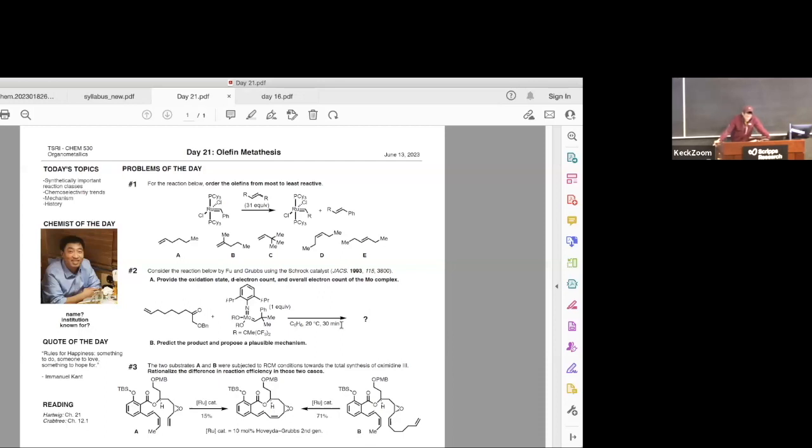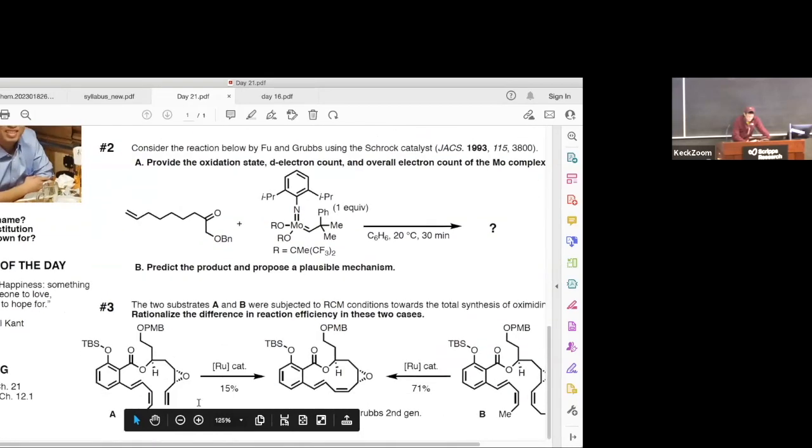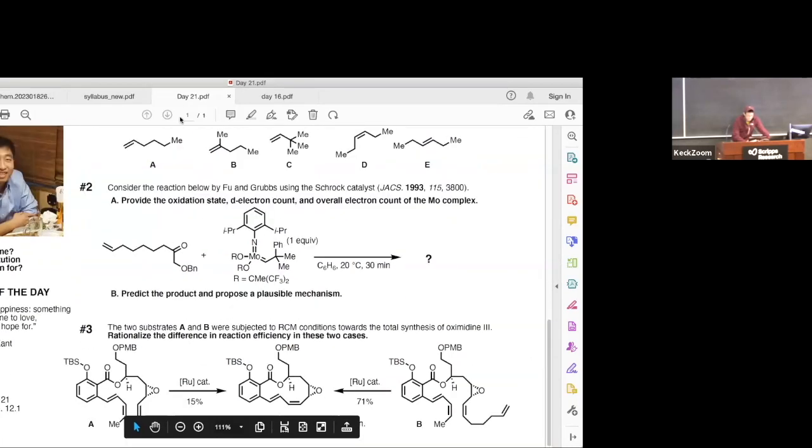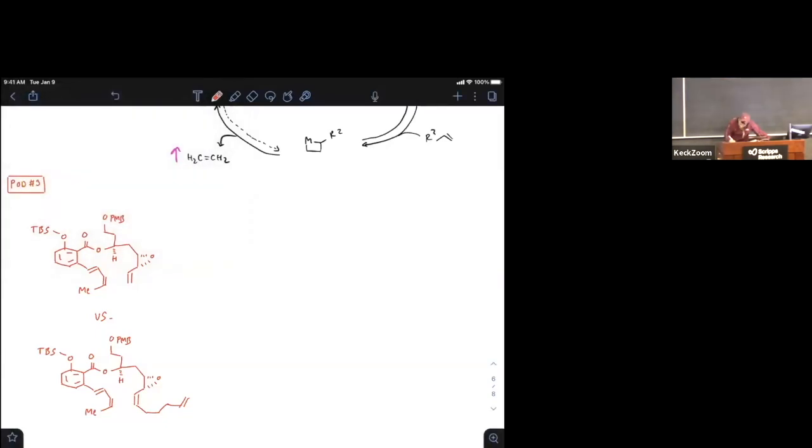And you see the key difference between these two is that A contains this terminal olefin, whereas in B it is an internal olefin that's tethered to yet another terminal olefin.